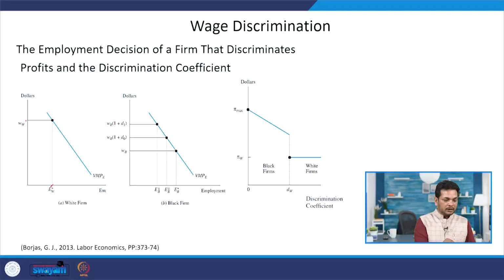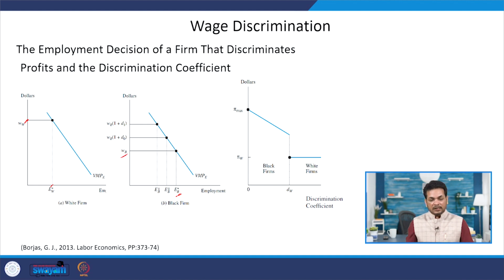So, we can see that when it is a white farm, they are hiring E star W amount of workers at the wage rate WW. In a competitive, non-discriminatory farm, they would have hired E star B amount of workers at the wage rate WB.